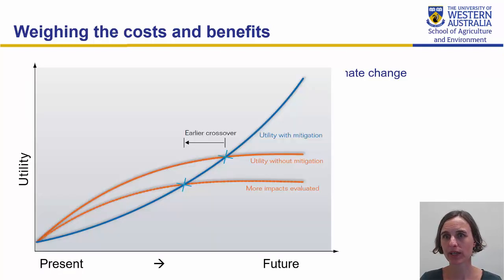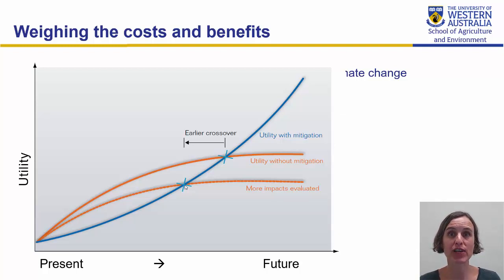Well, what will happen is that this future utility will actually go down if we include more impacts, because there's more damage. And if there's more damage, the benefits of mitigation outweigh the cost at an earlier point in time. So it becomes more worthwhile to take action.